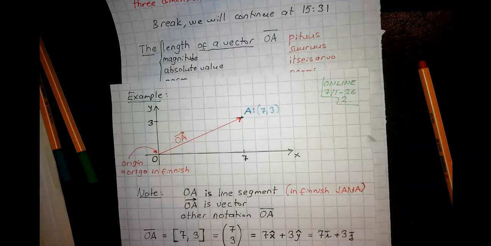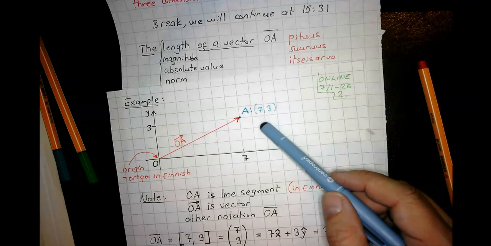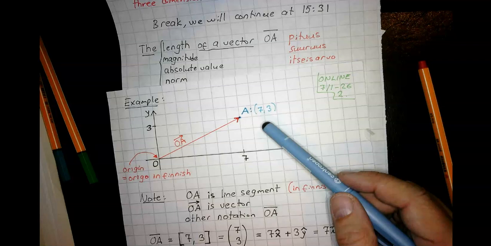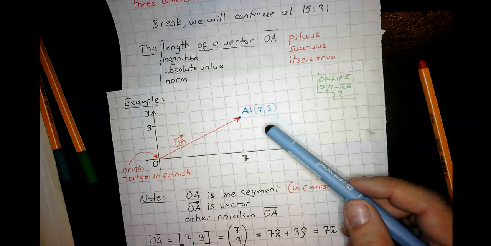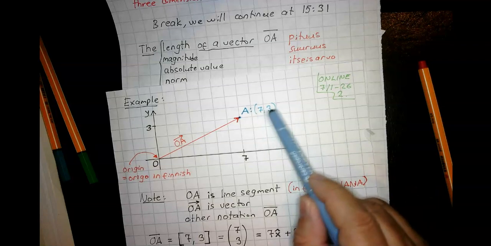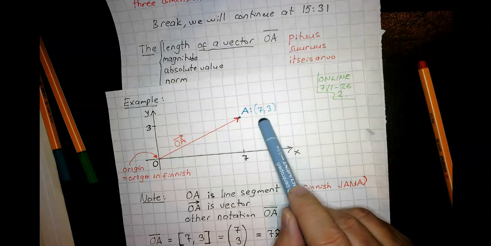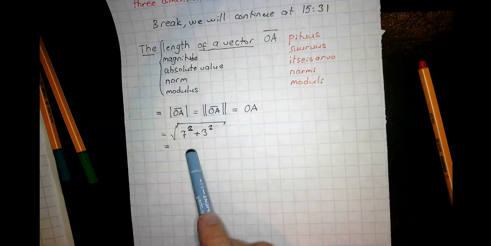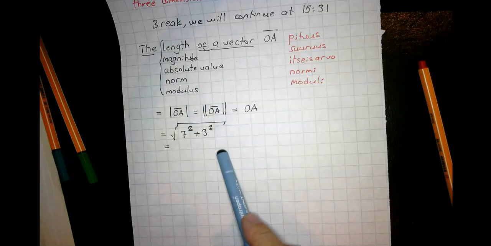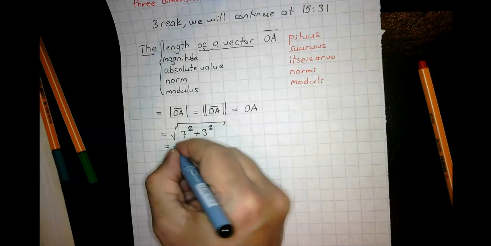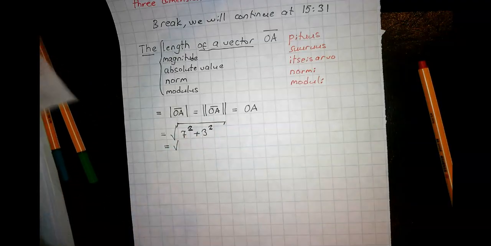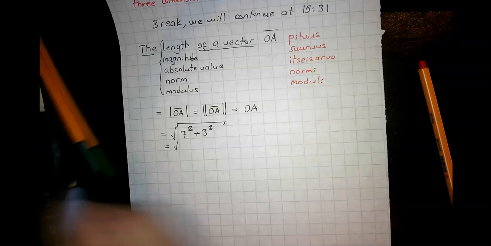If this is some kind of example of forces, then the unit may be, for example, Newton or kilonewton. Then these numbers will have units, kilonewton, and then the length or the magnitude of the vector will also be kilonewtons. And in this case, when we calculate this, what is this 49 plus 9?